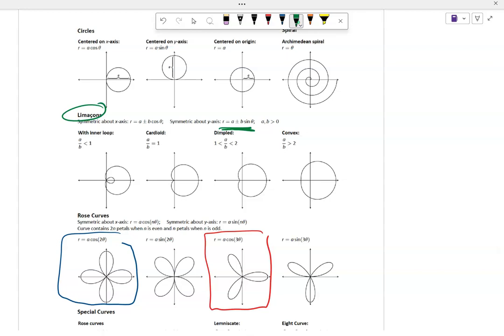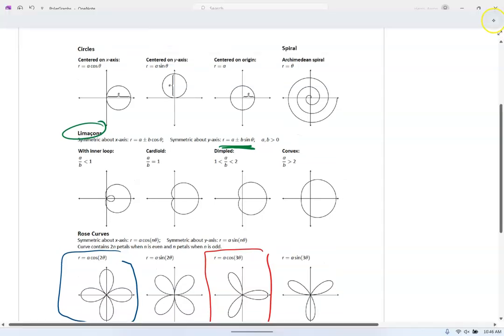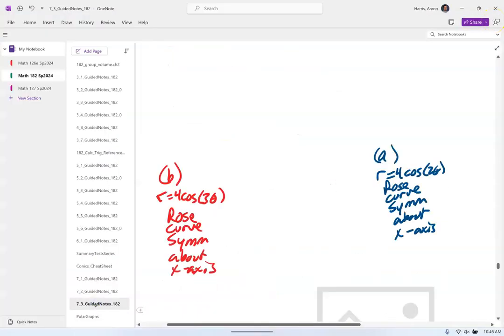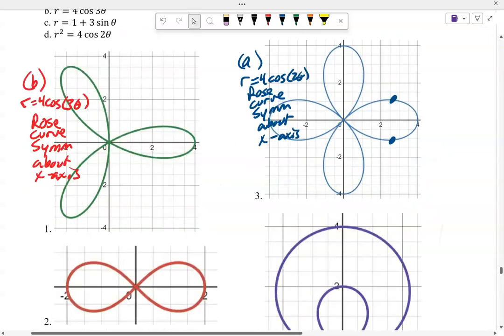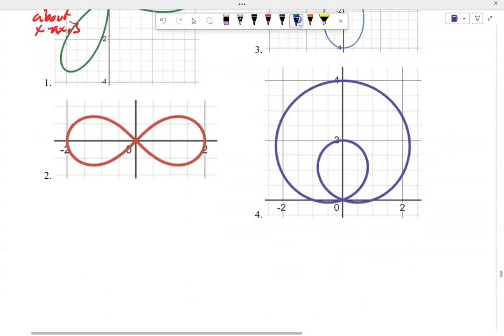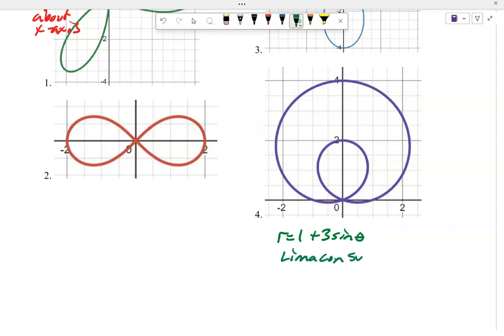It's symmetric about the y-axis as well. This was C, symmetric about the y-axis with an inner loop here.